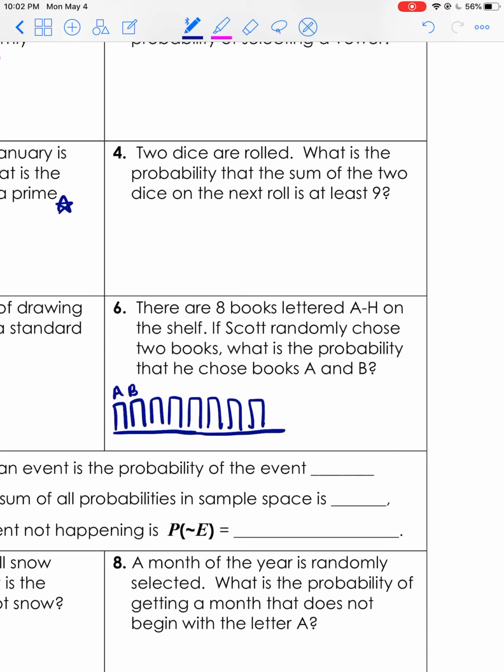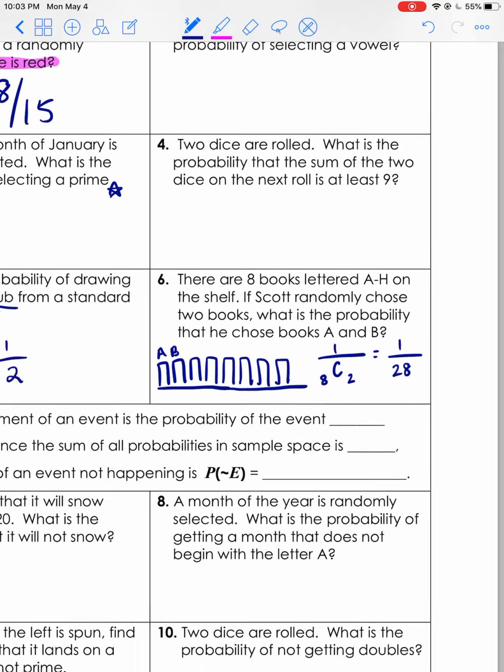He's not saying I'm just choosing any 2 books, it's specifically A and B. So that is 1 over the combination where you have 8 books and you're choosing 2. And when you plug that into your calculator, it's 1 over 28. So the probability of specifically choosing A and B is 1 over 28. That's different than just saying the probability of him choosing 2 of the books.